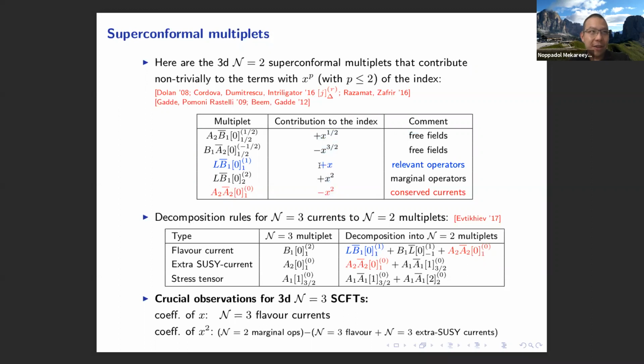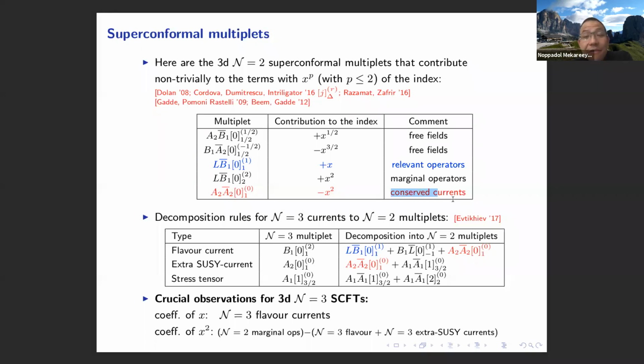Forget about these two. Suppose we have only an interacting SCFT. So plus X is an irrelevant operator. Plus X squared comes from marginal, minus X squared comes from conserved current. So there is a nice theorem that says the X squared contribution of the index comes from marginal minus conserved current. Okay, this is really useful.